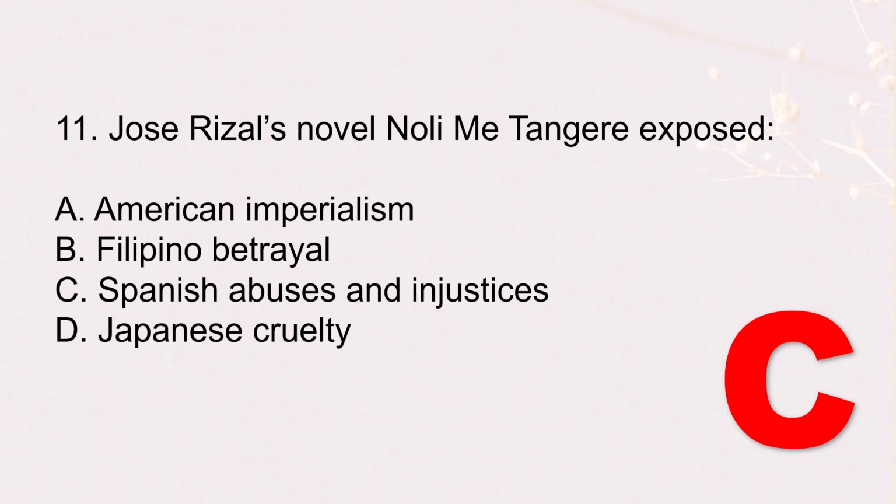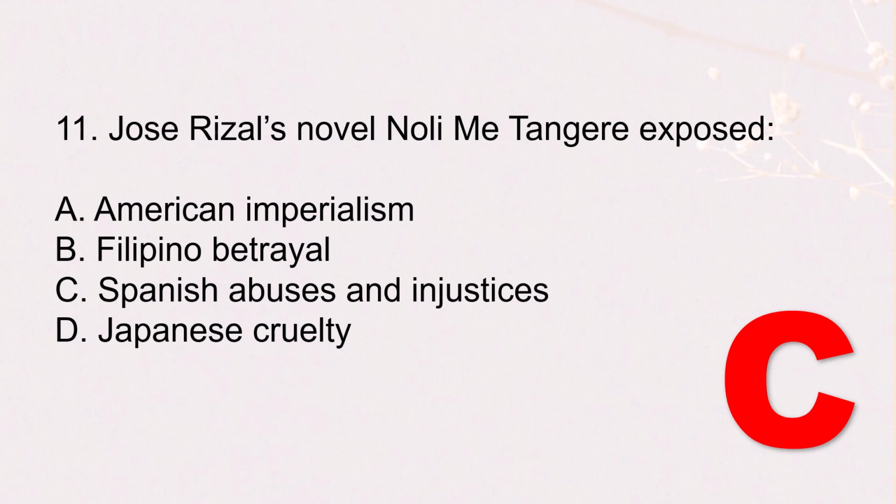Okay, so the correct answer is letter C. Jose Rizal used fiction to expose the cruelty of friars and colonial officials during the Spanish era. So the abuses and injustices were exposed by Jose Rizal in his novel Noli Me Tangere. Letters A and D refer to later periods.